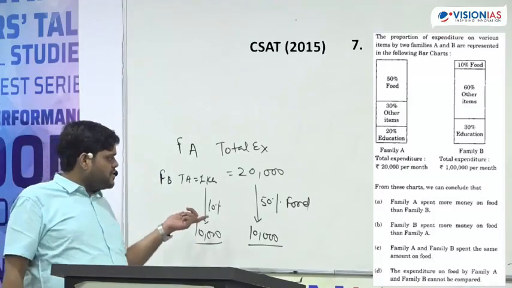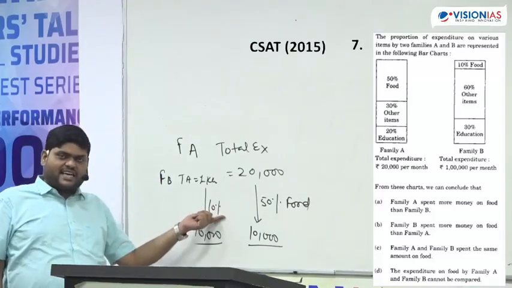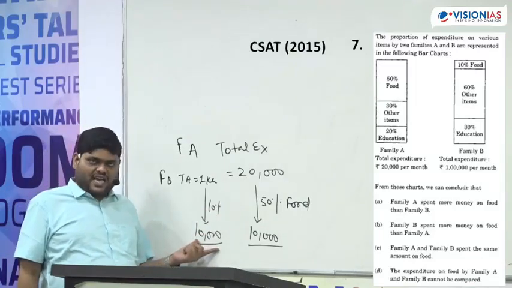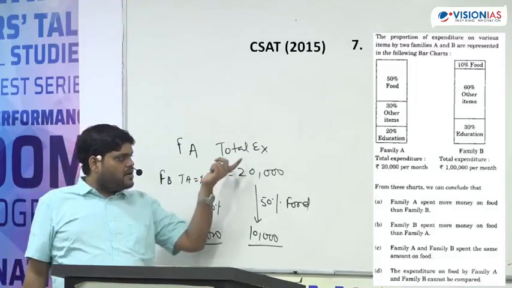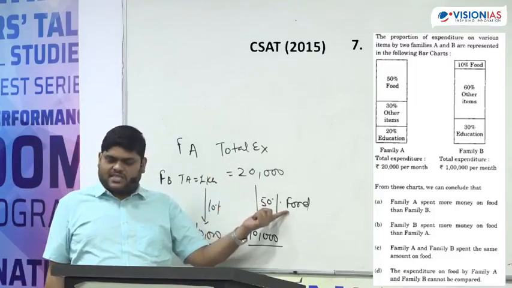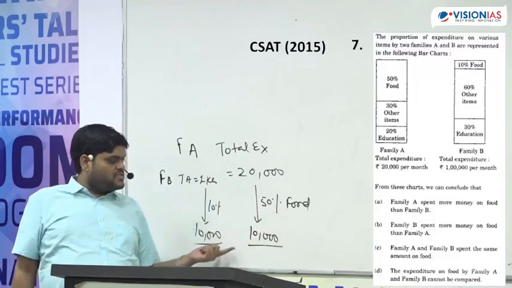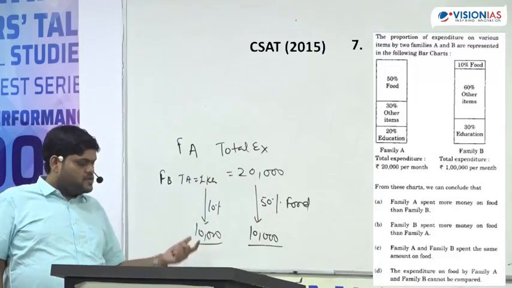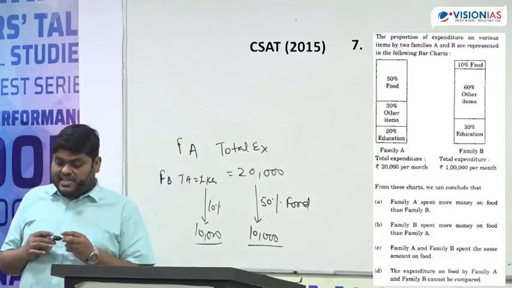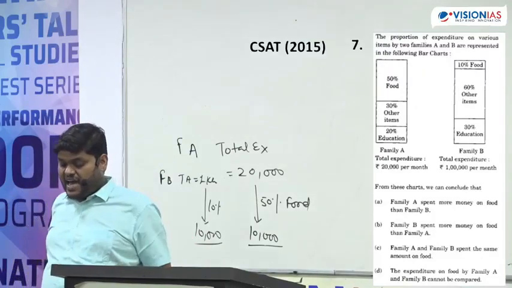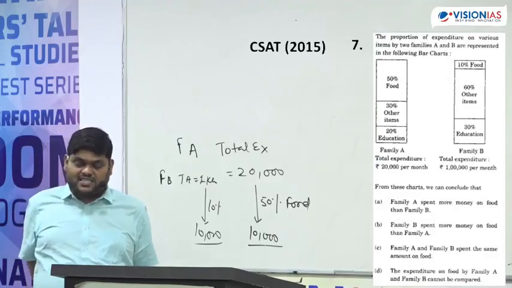The rich person is spending a lower percentage, but the total amount is the same, whereas the poor person is spending a higher percentage, but the total amount is still 10,000 rupees. So what will be the correct answer? The correct answer will be family A and family B spend the same amount.